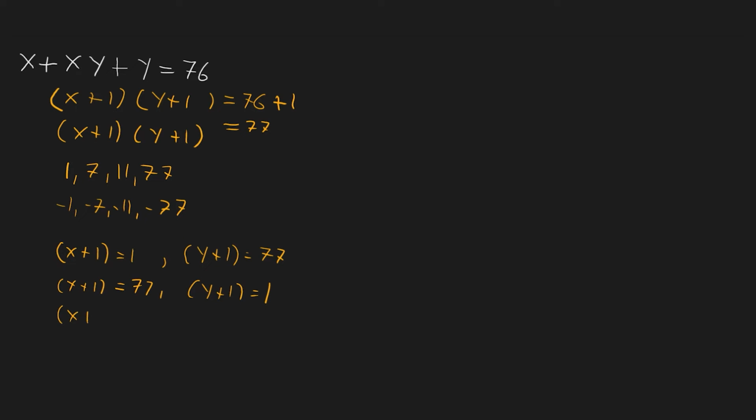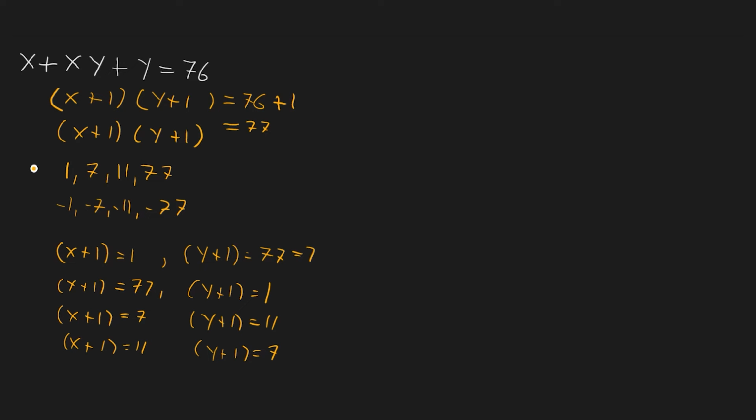And we know that x plus 1 could be equal to 7, and then y plus 1 would be equal to 11, and if x plus 1 is equal to 11, then y plus 1 would be equal to 7.